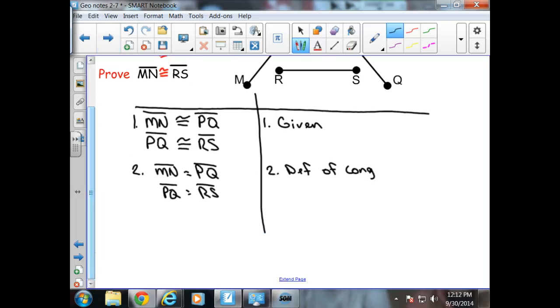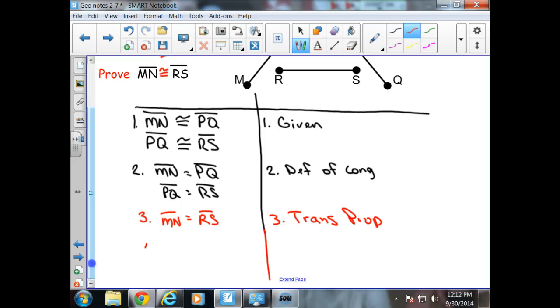Once we go there, now we can start moving a few things around here. Because they both have PQ in them, and I hope you realize this, we have MN is equal to RS. And please remember the transitive property, because that's what gives you that.